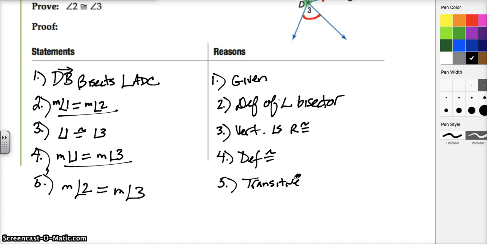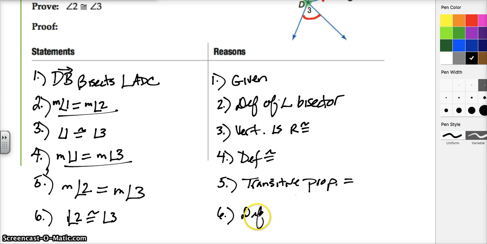Since I can say that, now I can simply say what I wanted to say for a long time. I'm awesome. Sorry, I'll say that later. I can say that angle 2 is congruent to angle 3. Kind of beautiful, right? And we can also use the definition of congruence for that one.